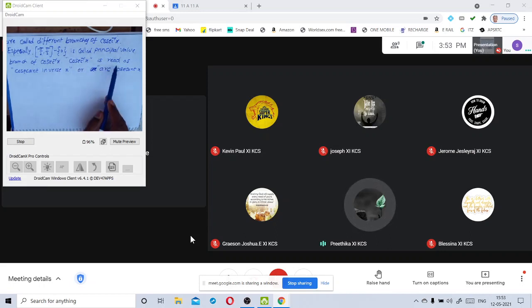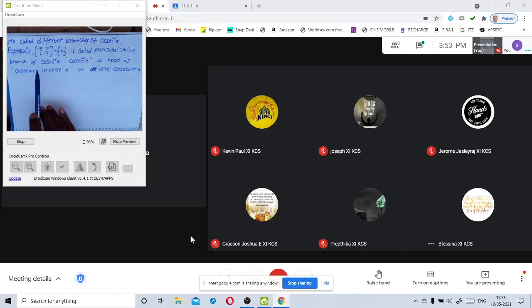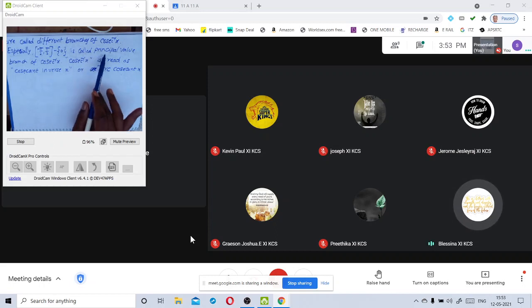This is read as cosecant inverse x or arc cosecant x. Okay, last, Blessina. So closed interval minus pi by 2, comma pi by 2 minus singleton set 0 is called principal value branch of cosec inverse x, which is also called arc cosecant x. Very good, very good. So we have discussed principal value branches of 6 inverse trigonometric functions.